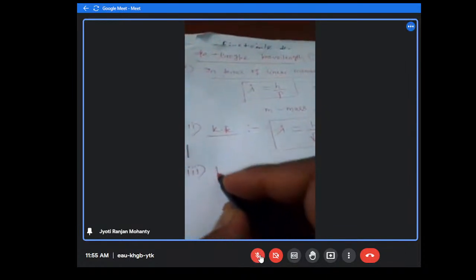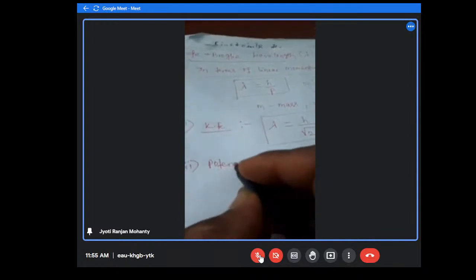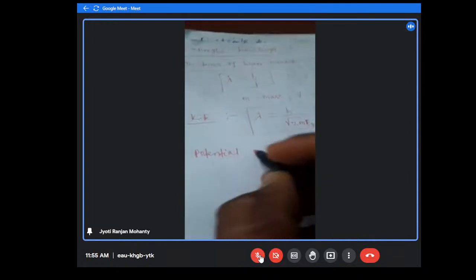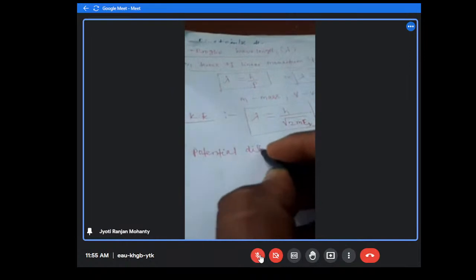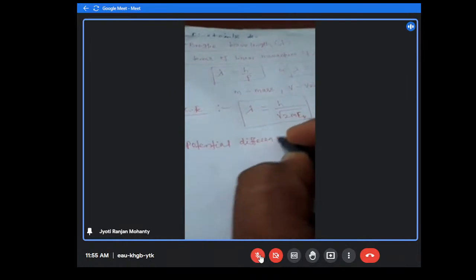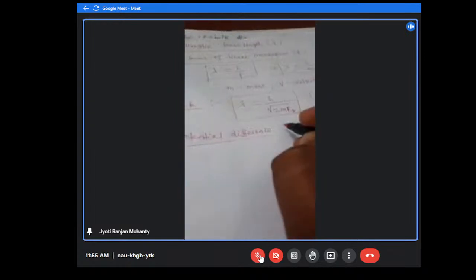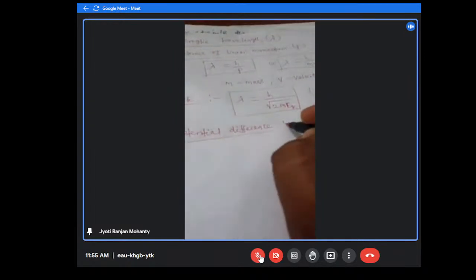Next, in terms of potential difference. You know potential difference or the potential are the same. I can say the symbol is small v.